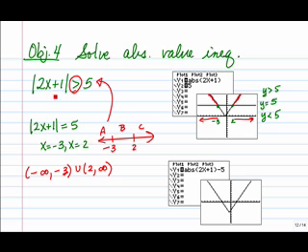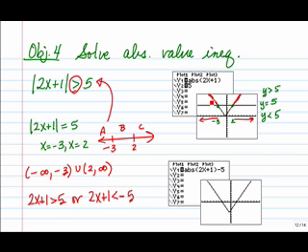For the absolute value of a number to be larger than 5 means that that quantity has to be greater than 5, or it has to be less than negative 5. So you could solve that compound inequality and come up with a solution. Personally, I think if you know the solutions, then you can use a graph to see how those relate to each other to get the solution of the inequality.